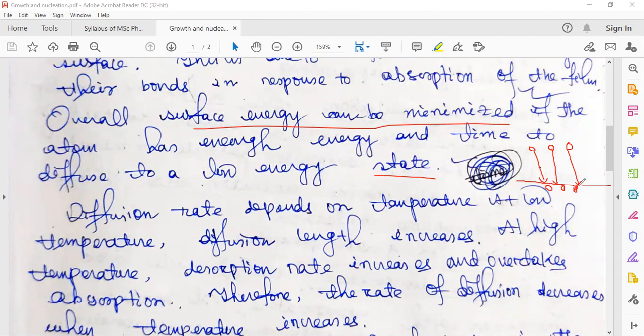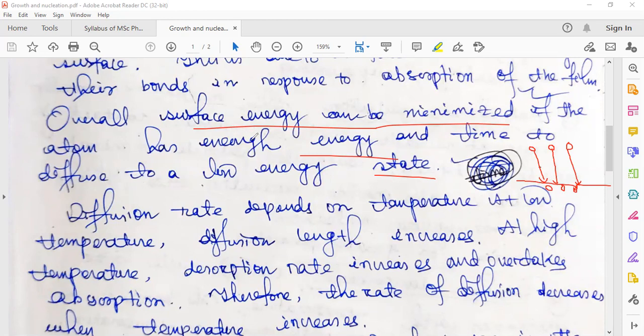Diffusion means just moving from one medium to another. Maybe you have learned this process of diffusion in chemistry. So they will move from one medium to another, from air medium to the medium of the substrate. But when can they diffuse? They must possess enough energy, and then they will move through the surface of the substrate.